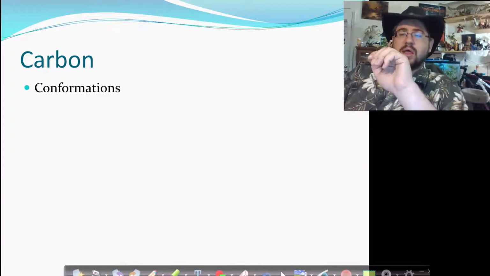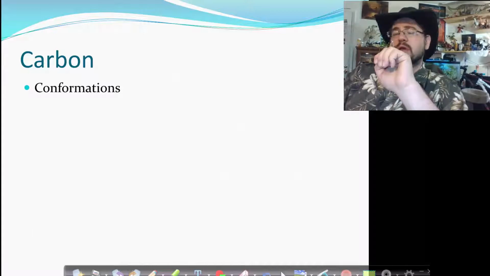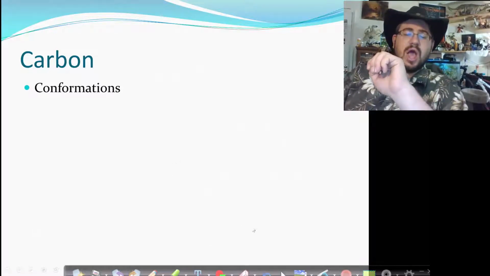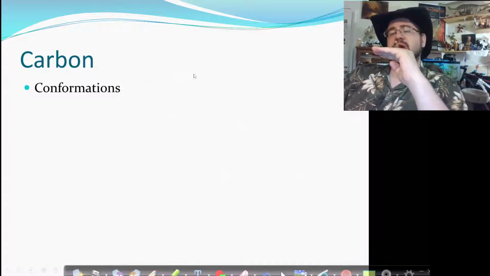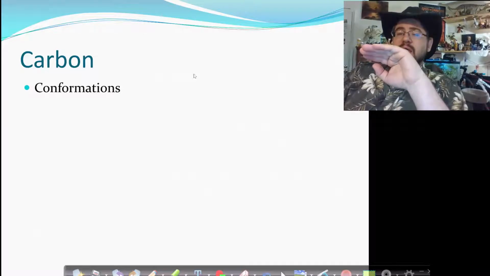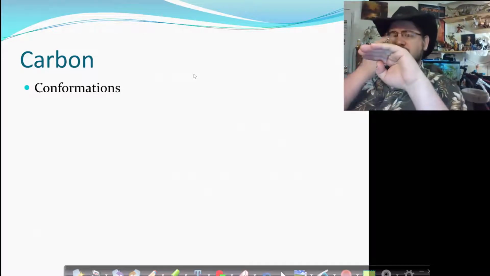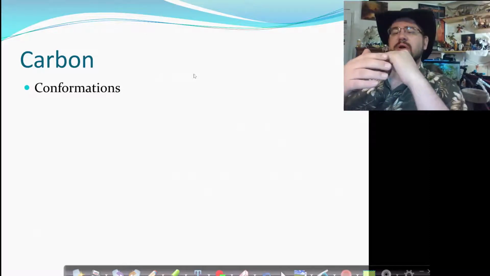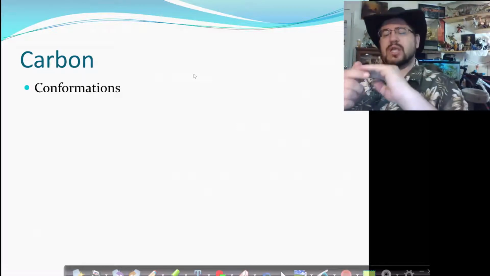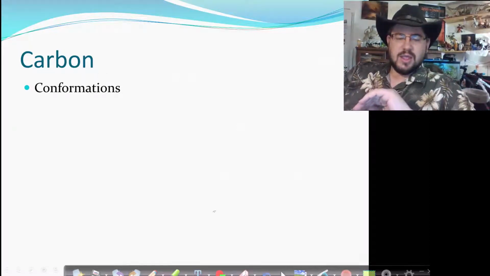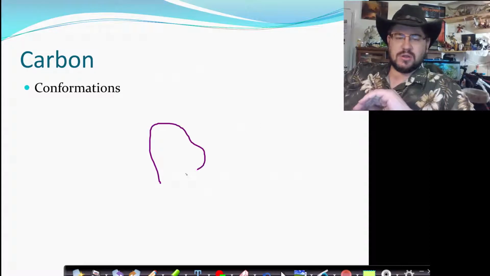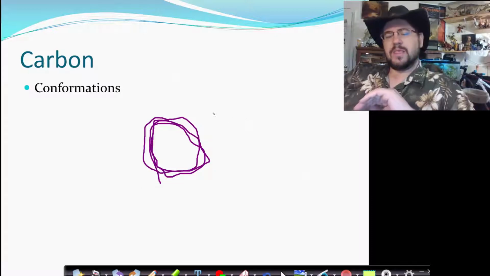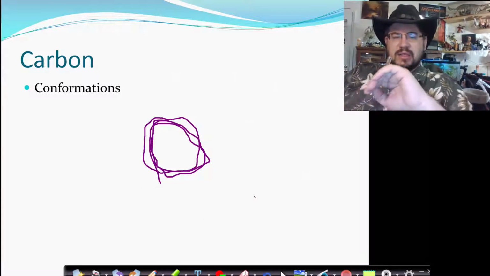So, continuing on to the shape of carbon compounds. You might see the word conformation here and there in my lectures throughout the semester. Conformation is a fancy word. If you're into like dog or horse shows, you might actually know it. It basically means how it's put together, or its 3-dimensional shape, right? Because I could draw a circle or whatever that is, and that's a shape, but it's not conformation.